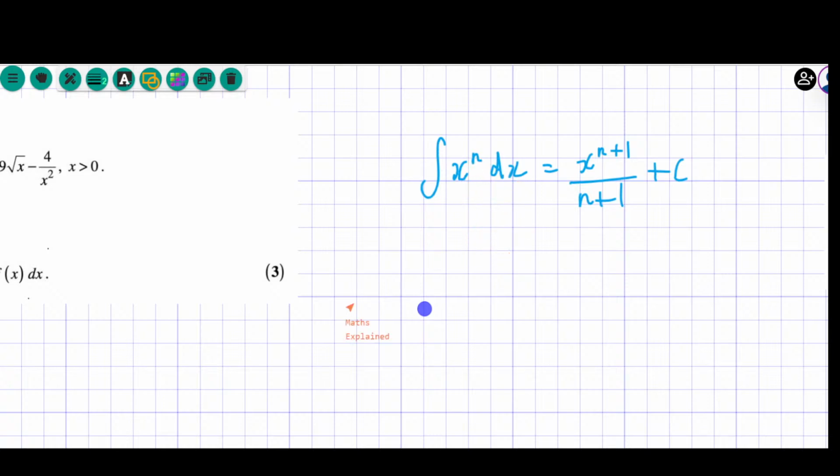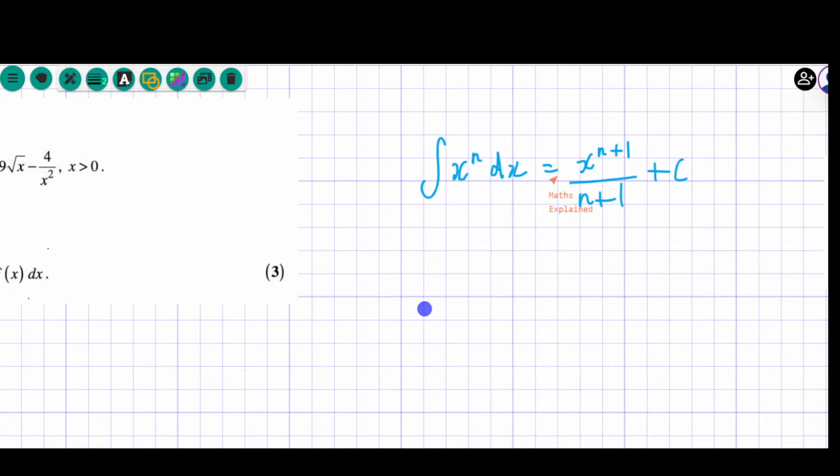When it is equal to -1, then you need the log, but I won't be using that. You learn about this after you learn about integration, and this is basically a shortcut. All of the integration rules are shortcuts, so you don't have to do it from first principles every time.